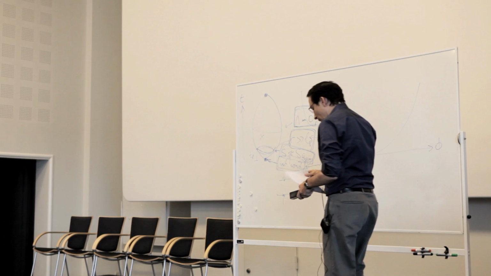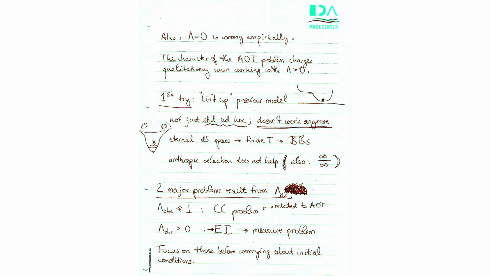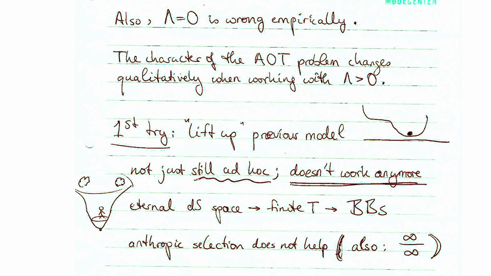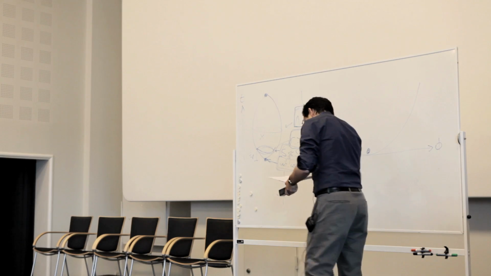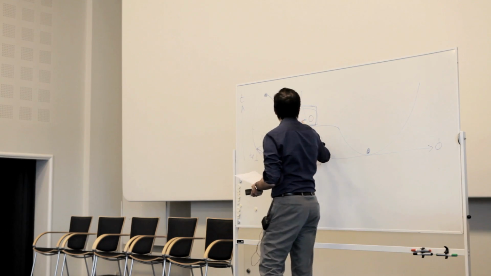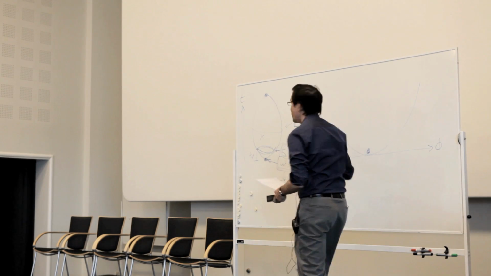It turns out that the character of the arrow of time problem changes considerably when you take into account that the observed cosmological constant is actually positive and not 0. And this is probably one point on which Andy and I agree pretty strongly. It completely changes the game, though maybe we don't agree completely in the ways in which it does, but it's extremely important to take into account that this is wrong.